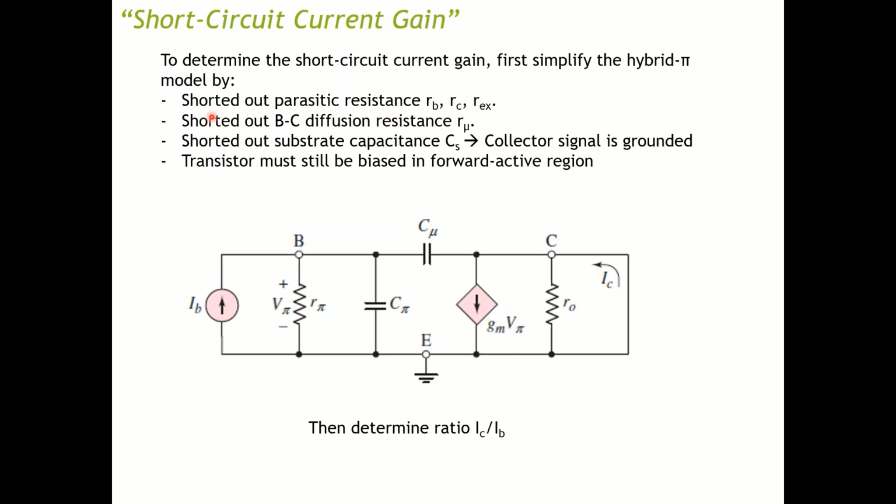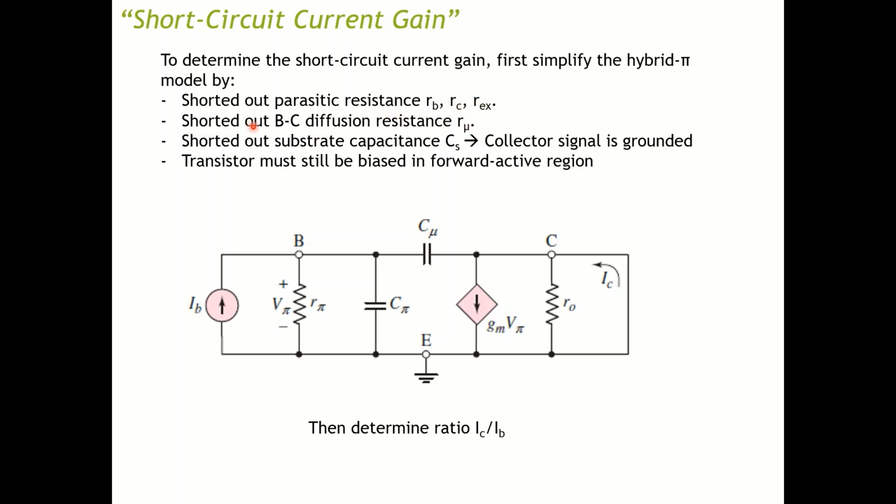First, the parasitic resistances. Basically all the resistance between the terminal and the inner region, you have to short circuit. So RB, RC, REX, cancel them out.